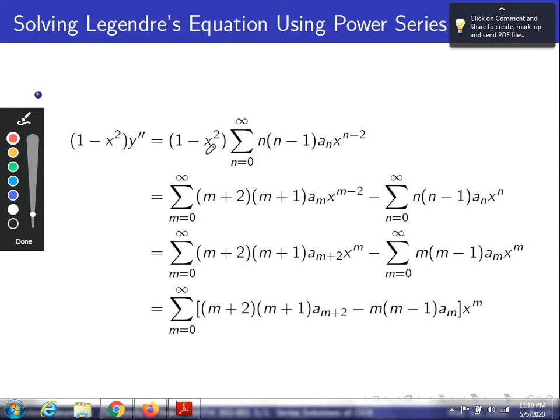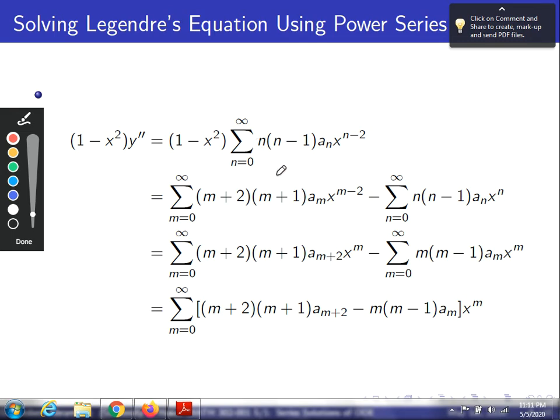Multiplying by x squared, what do we get? We get n times n minus 1 times a sub n times x to the n, since x to the n minus 2 times x squared is x to the n minus 2 plus 2, just from laws of exponents. So we're left with a sub n times x to the n. Now, multiply by 1. What happens when we multiply by 1?